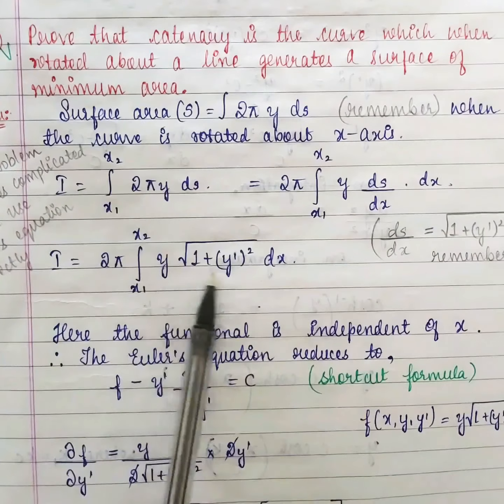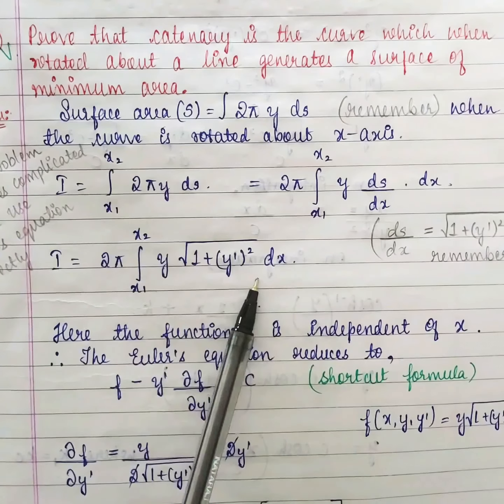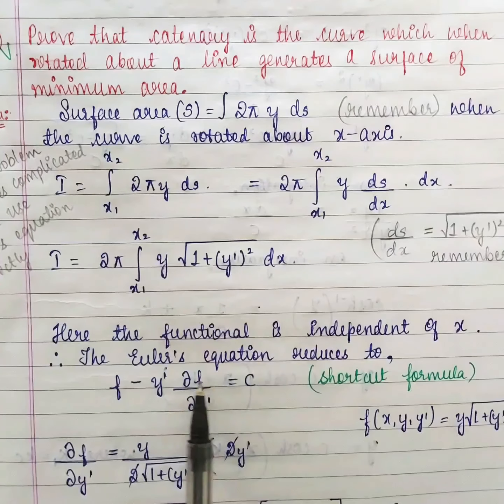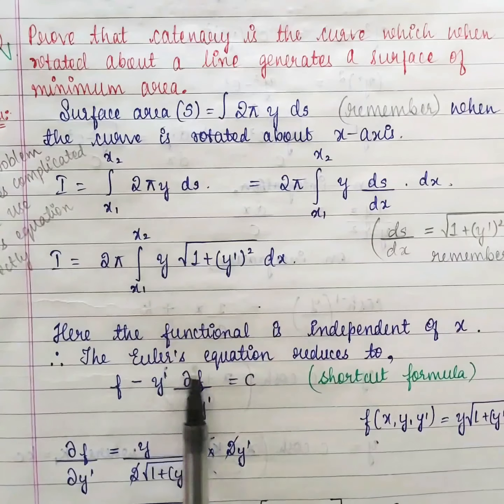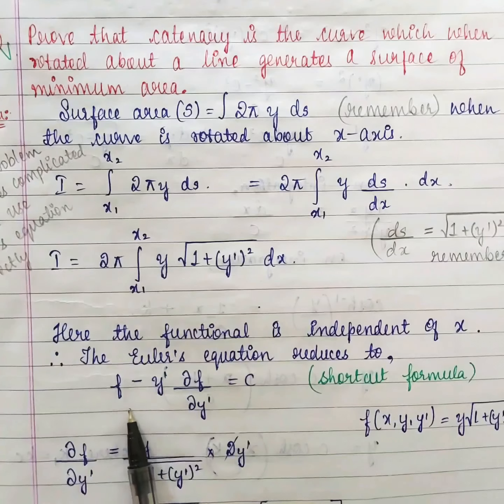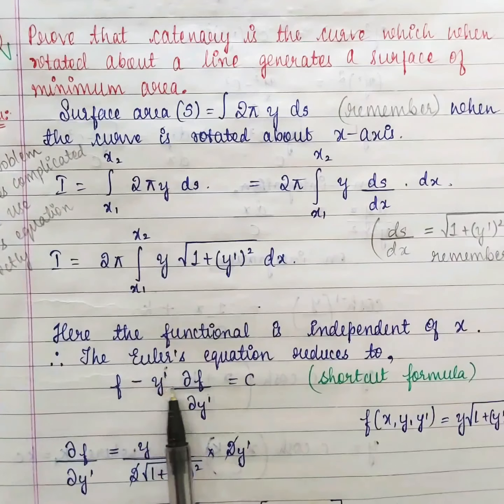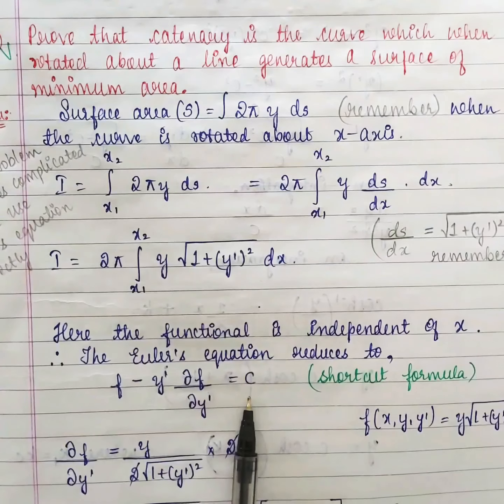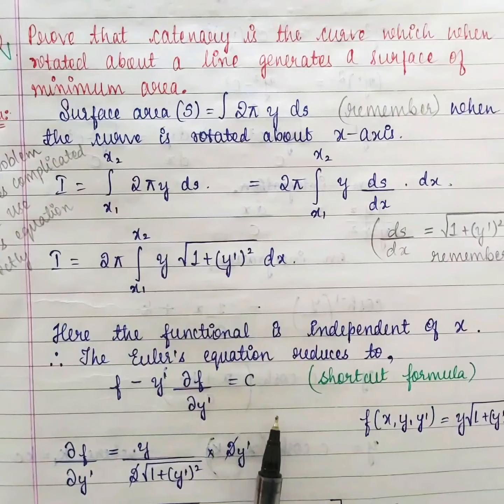So here there is no x term, so the function is completely independent of x. So this is another form of Euler's equation. Actually, Euler's equation will reduce into this format: f minus y dash into del f by del y dash is equal to c. This we have discussed in the last class about the different variations of Euler's equation.